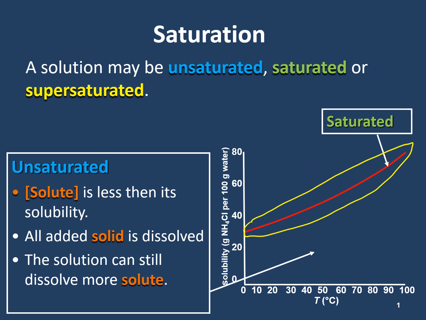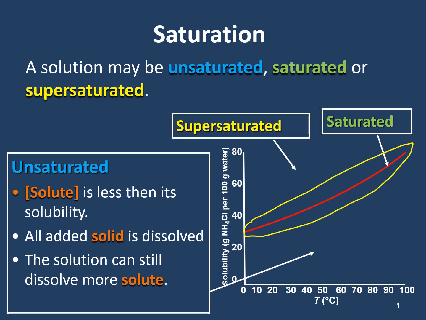So finally, after those two, we have this other term called supersaturated solutions. In a supersaturated solution, as you might guess, we have somehow been able to dissolve more than what is technically possible at a specific temperature. Supersaturated solutions are very unstable.